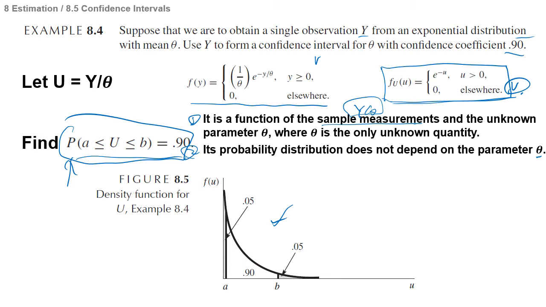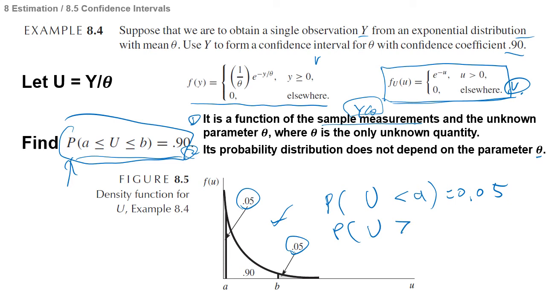For convenience, we will let the probability of u being less than a be 0.05, and the probability of u being greater than b be 0.05. Then this condition will hold. So we will calculate this a and b.